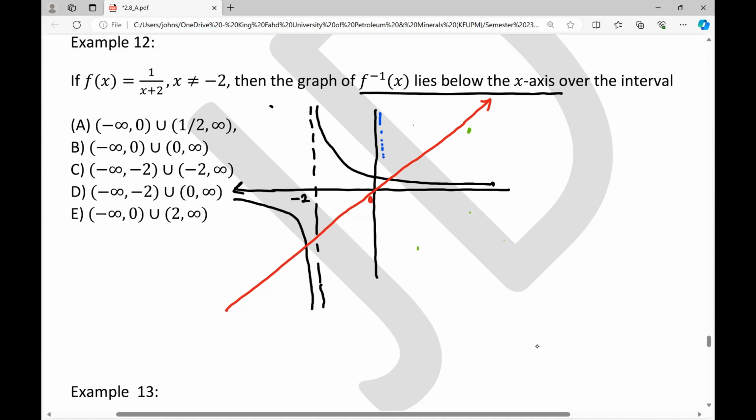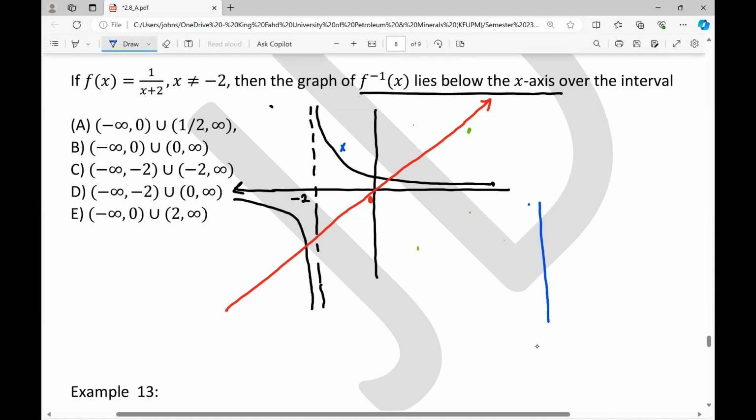If you reflect this one, this part is going to be down here. So we're going to have just something like this. But it's good for us to know the points, actually, because in this case, we need to know some points. So I will suggest we just take points and see how things work.